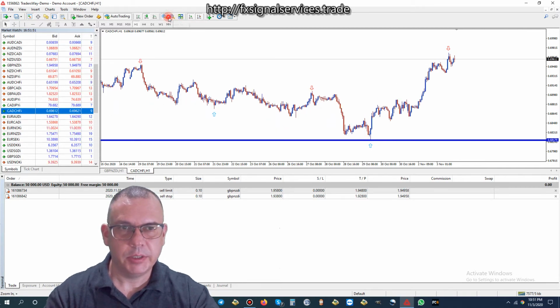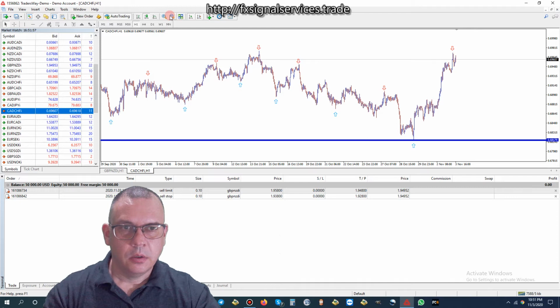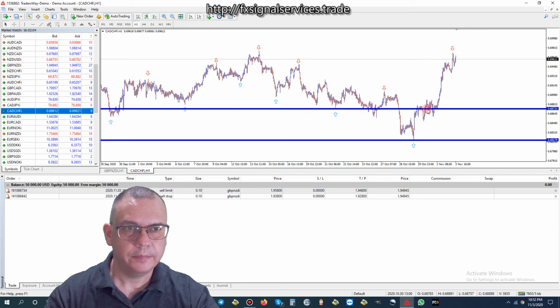Let me zoom out a bit. We have a support here. You can see that with that blue line there, it has a support. The price had a support here. So as of right now, this is our current support. This is our last strong support.